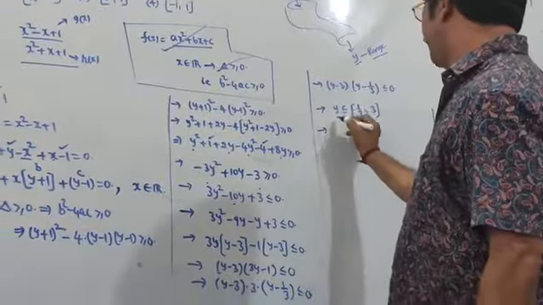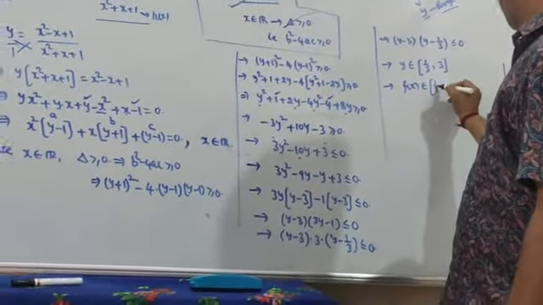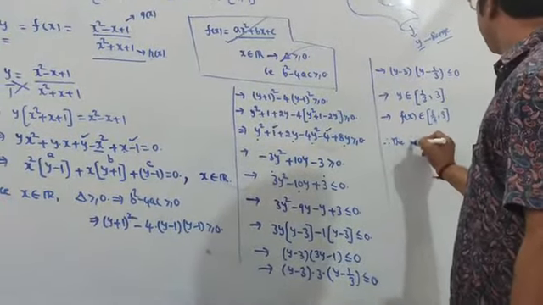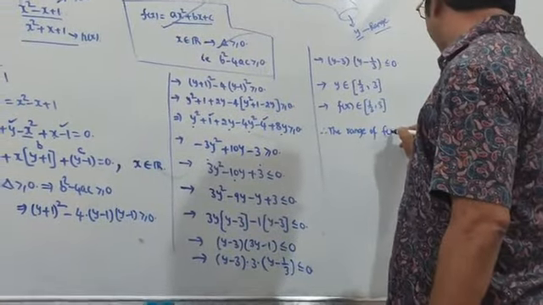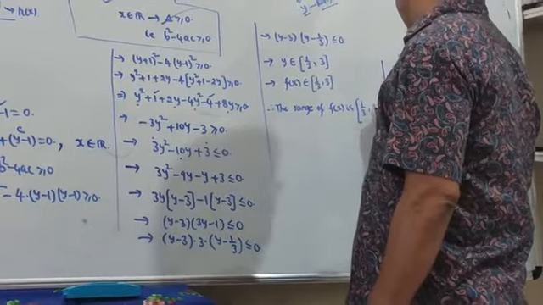So y, that is f of x, belongs to the closed interval 1 by 3 comma 3. Therefore, the range of f of x is the closed interval 1 by 3 comma 3.